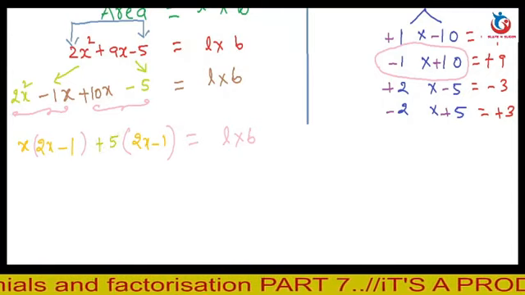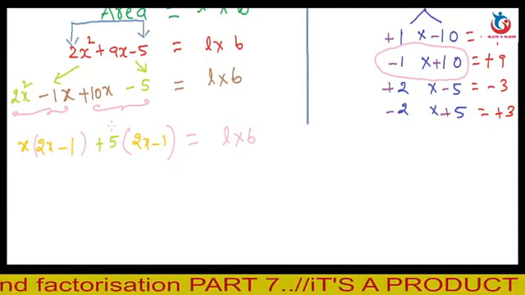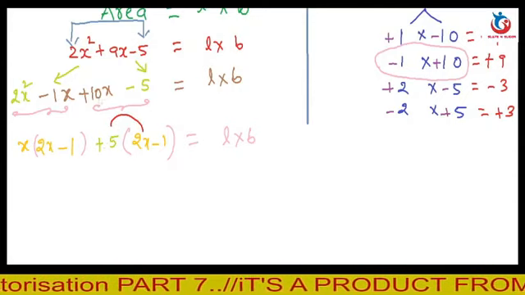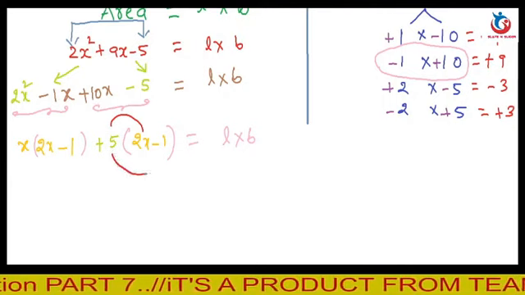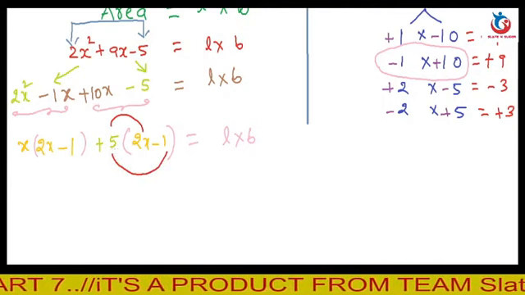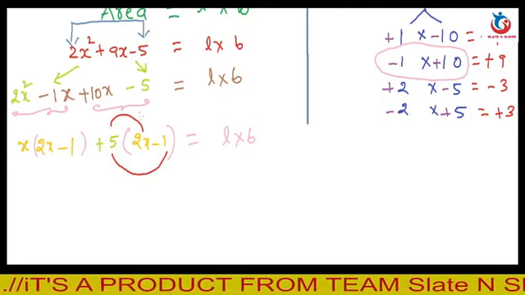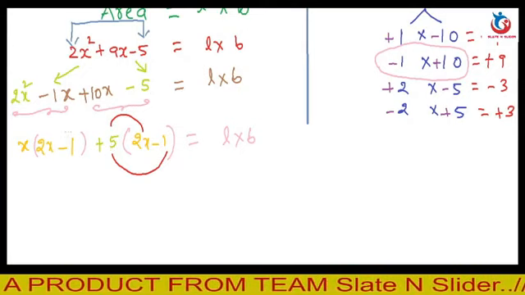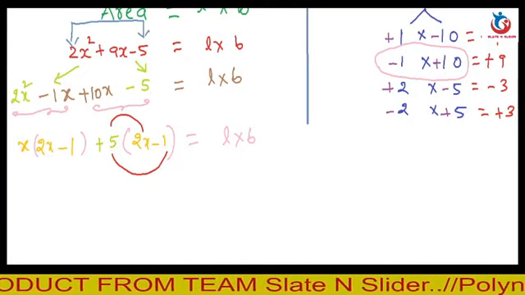Actually, this is a distributive property. So plus 5 into 2x, that is plus 10x. And the same plus 5 is multiplied with minus 1 also. Plus 5 into minus 1, minus 5. Yes. So after that, take this 2x minus 1 as common.